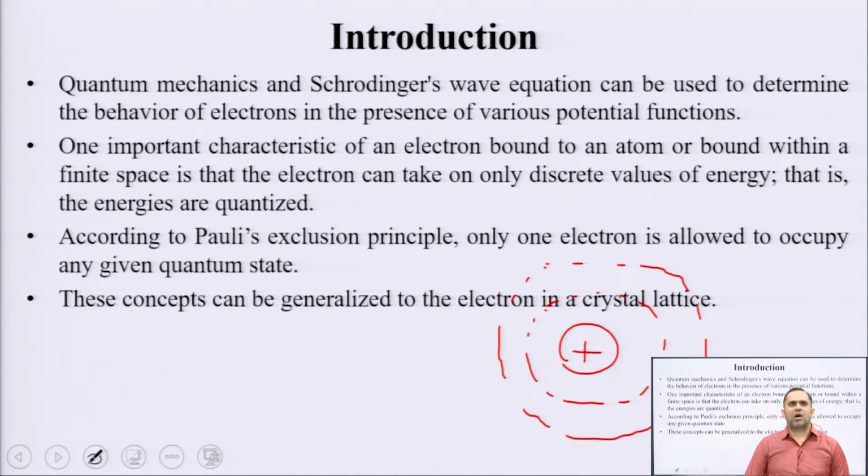So, taking these things as background: number 1, electrons are discrete particles, but they also behave as waves. Second, electrons are allowed to occupy only discrete levels of energy which are provided by Schrodinger's wave equation.